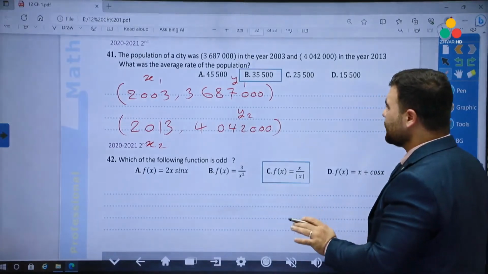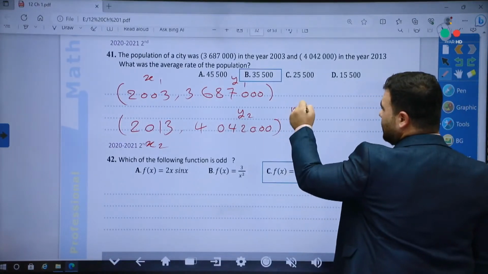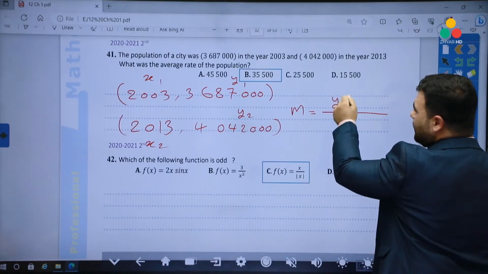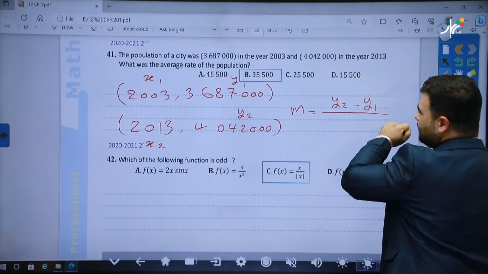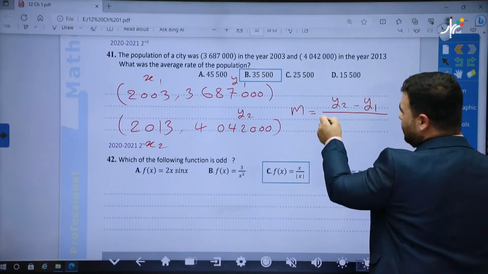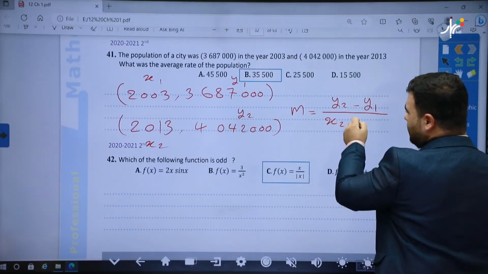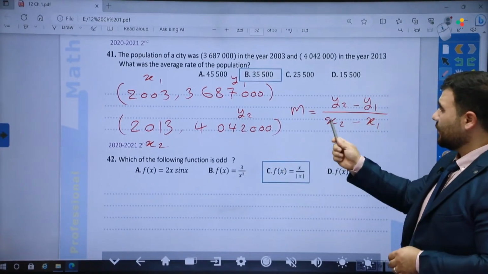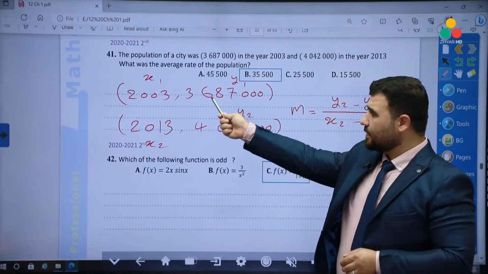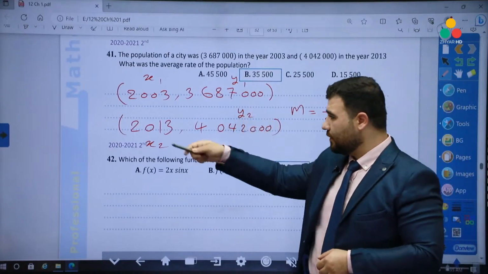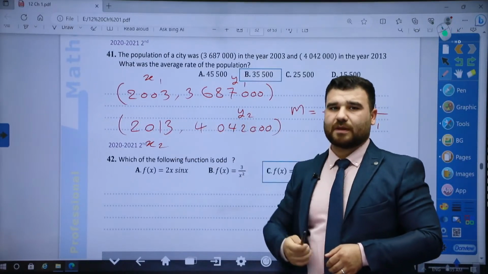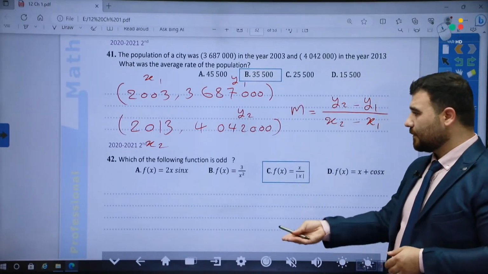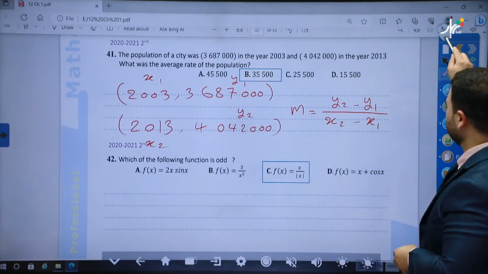Now, we simply just need to find the slope. y2 minus y1 over x2 minus x1. Now, if we do the calculation, this number minus this number using a calculator, over 2013 minus 2003, the result will be B.